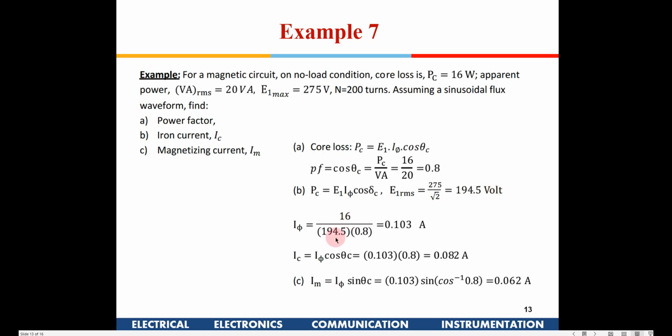Now with that V RMS, the 16 watts and the power factor, I get the total current, from P equal to VI cos phi. If I multiply the total current by cos phi, I get the iron current, which is the in phase current, and if I multiply it with sin phi, I get the out of phase current. If I take the square root of this square plus this square, I will get the total current. So this is the in phase component, and this is the out of phase component. This is a problem on transformers.